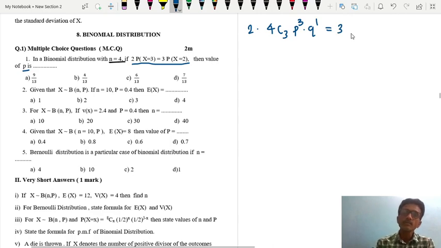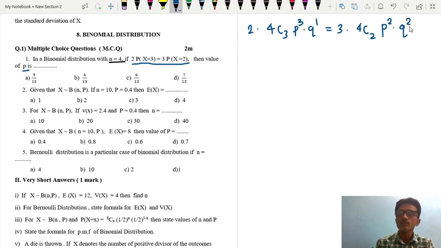So p of x is equal to 2 means here 4c2, that is ncx, into p raised to power x, that is 2, into q raised to power n minus x, that is 4 minus 2.